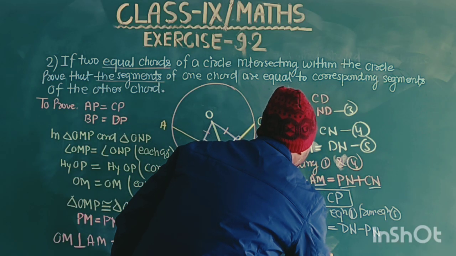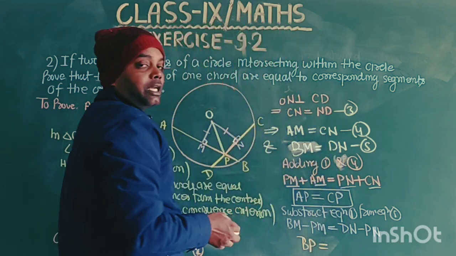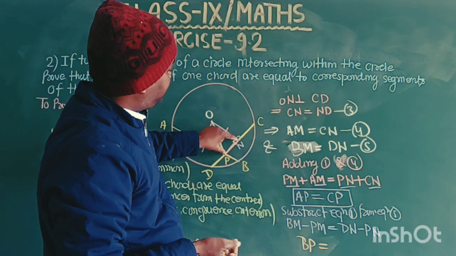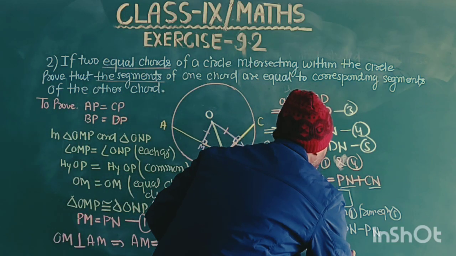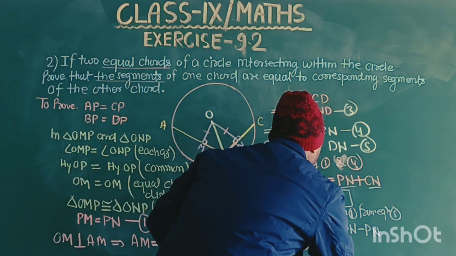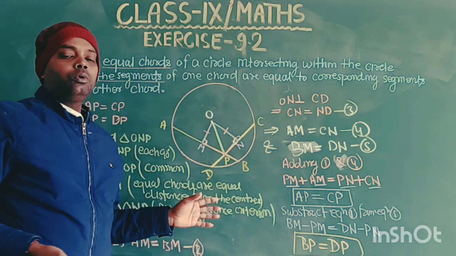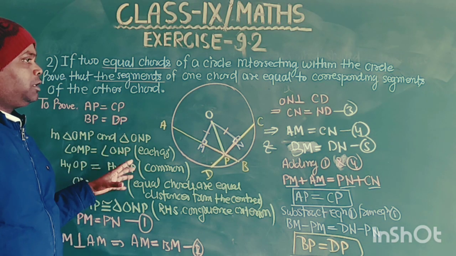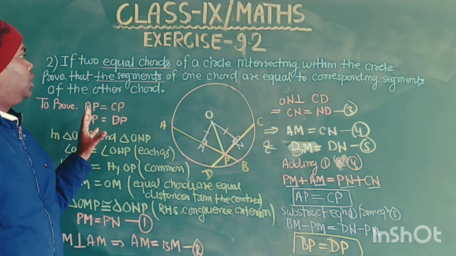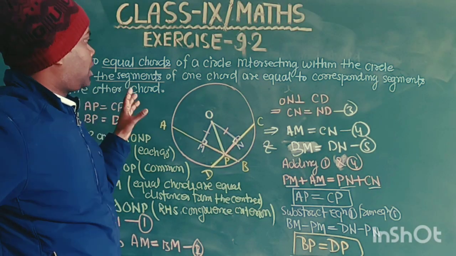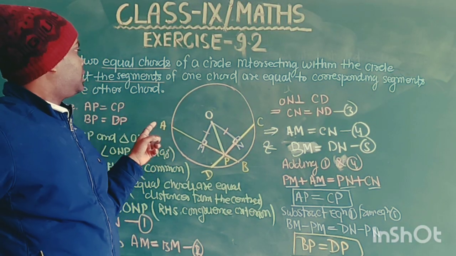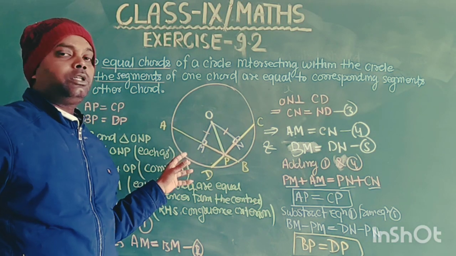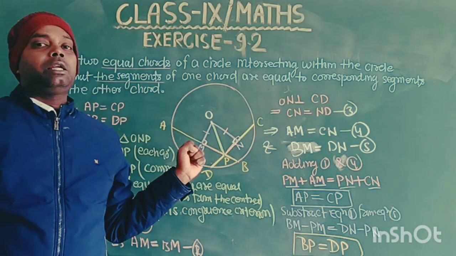Similarly, from DN we have to subtract PN, we will get DP. So we have proved AP equal to CP and BP equal to DP. So this is the complete solution of question number 2, how to prove that if two equal chords of a circle intersect within the circle, the segments of one chord are equal to the corresponding segments of the other. This is the complete solution of question number 2 of exercise 9.2.